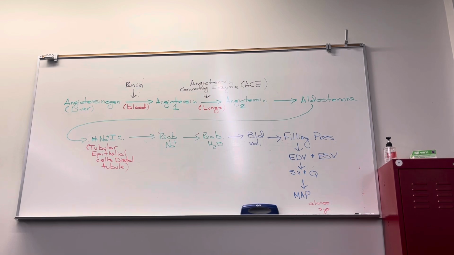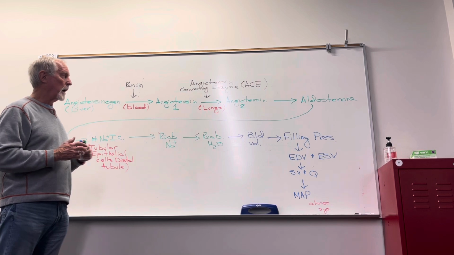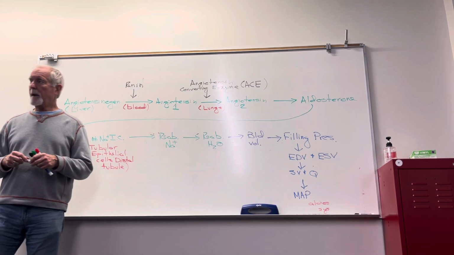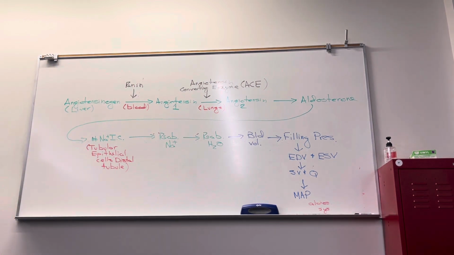So we've got Mrs. Jones, she's hypertensive, she's got high blood pressure, and you decide that you're going to put her on an ACE inhibitor. And by the way, ACE inhibitors are an amazing class of drugs. Not only are they effective for hypertension, they're effective for minimizing the remodeling of the heart due to hypertension, so very effective in individuals who are predisposed to heart failure.